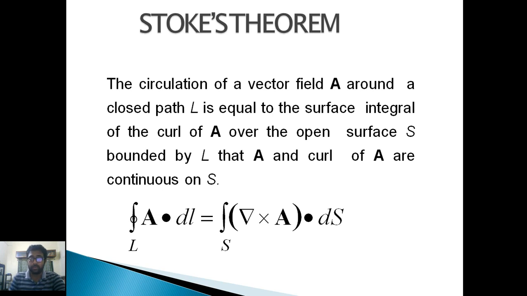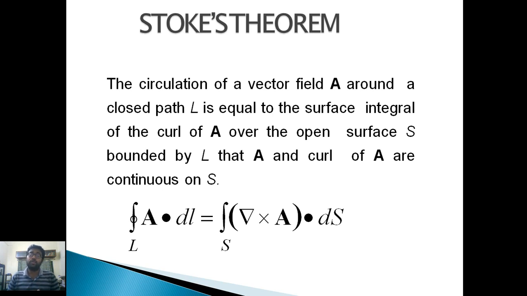vector field A. Now, suppose there is a force acting upon a particle, and because of that force, the particle is moving. If that particle is moving around a closed path, it means it is in a circular motion.